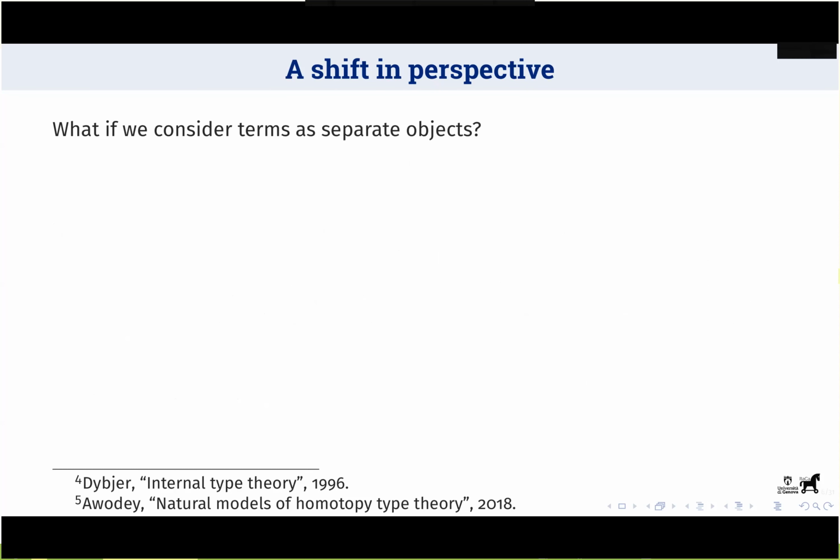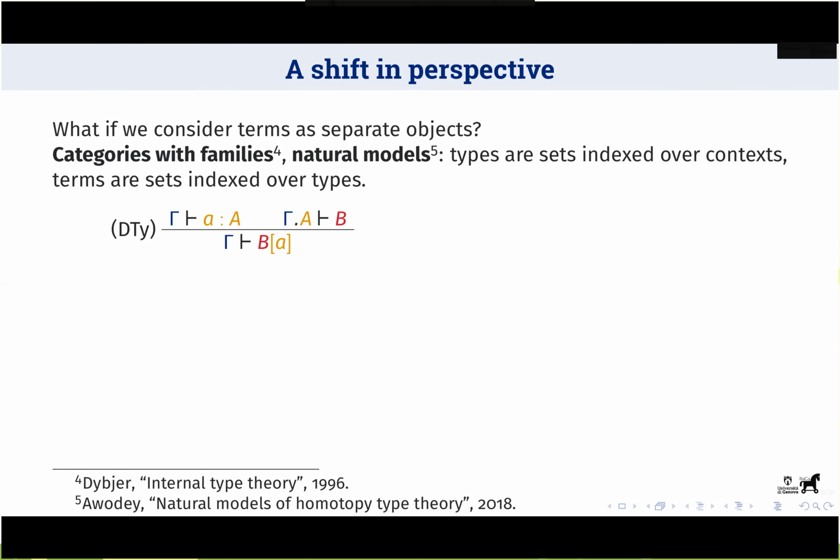So we have many examples, but historically there's also another perspective on this, and in a sense it's also reasonable. What if we consider terms as separate objects in some sense? This is what happens in the case of categories with families and of natural models. Types are considered sets indexed over contexts, and terms are sets indexed over types.